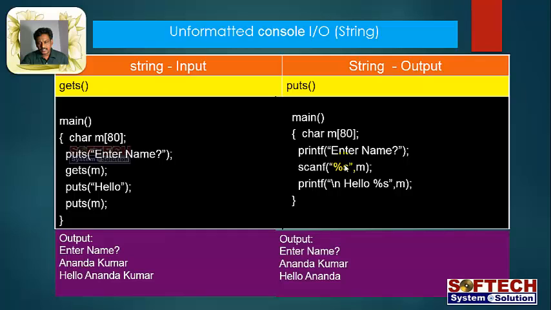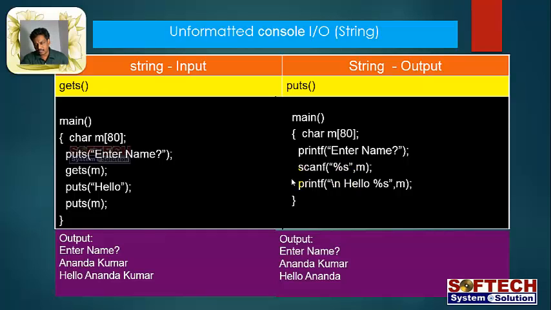Here, hello Ananda. So what is the reason to display like hello Ananda? Because through scanf we can get input of all kinds of data. If we want to give two inputs, how is it possible?